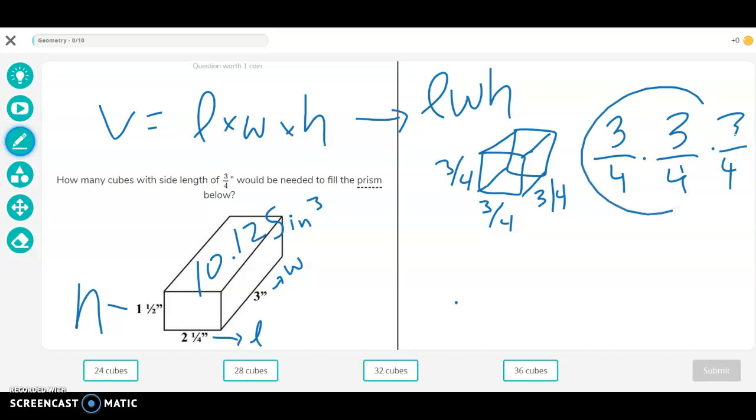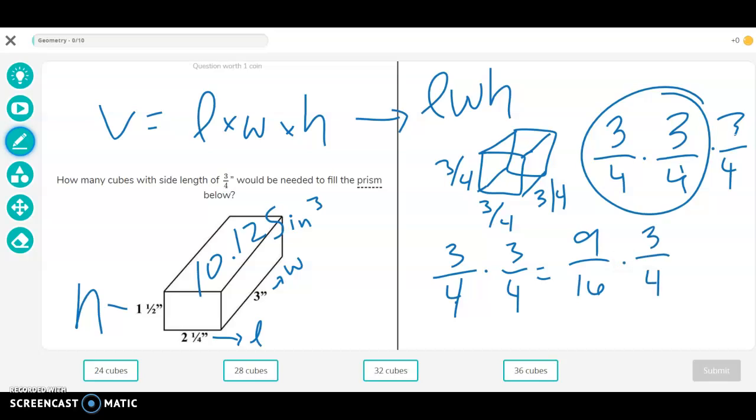Okay, so I'm going to take these two and multiply straight across first. So we get 9 over 16, and multiply by 3/4 again. And I'm going to get 27 over 64.